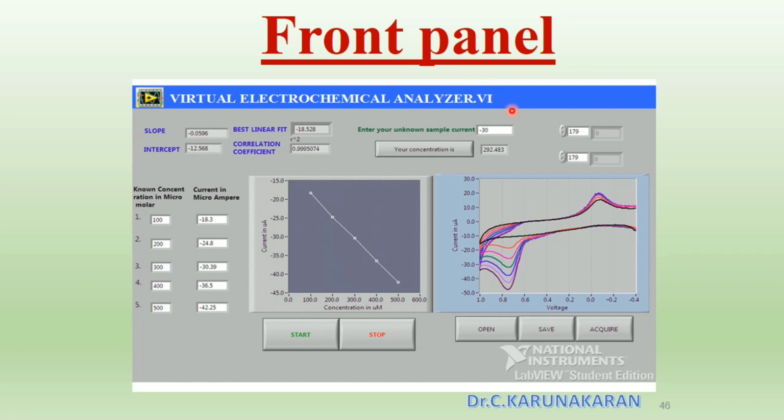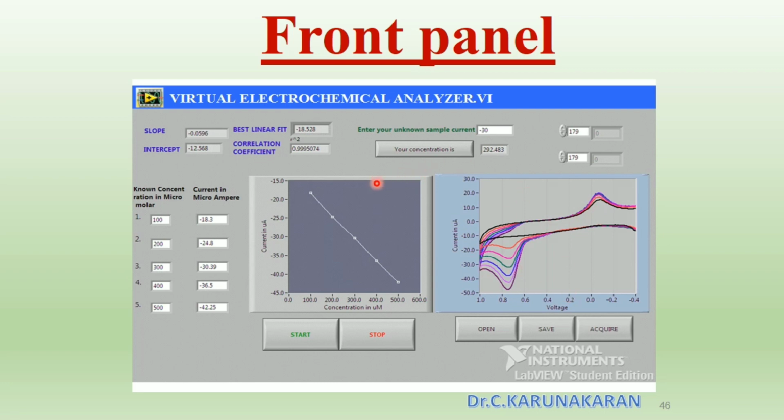This is the front panel of our virtual electrochemical analyzer, you can see the cyclic voltammograms with the increase in concentration, and the linear calibration plot, and the unknown concentration can be determined by using graphical user interface software.